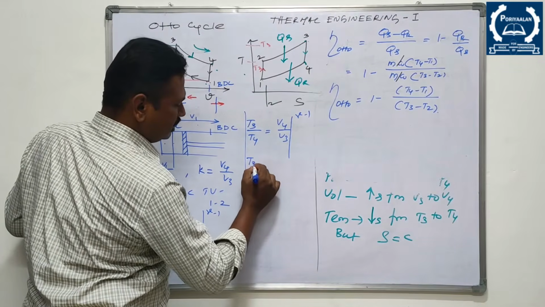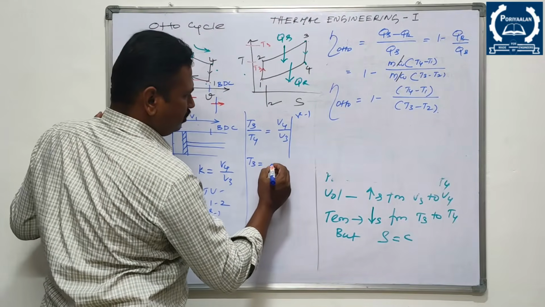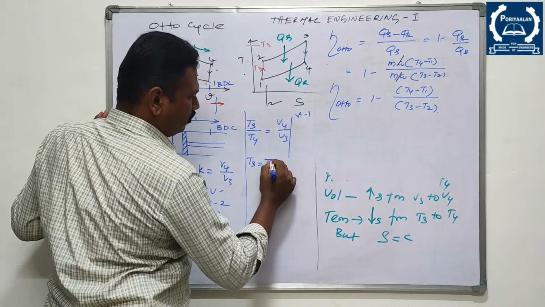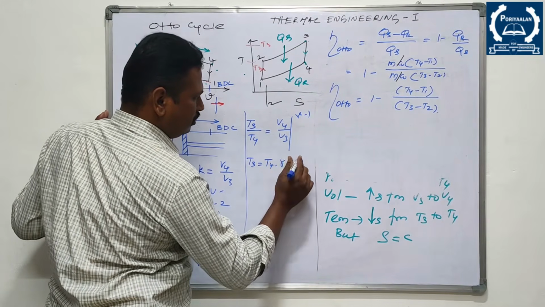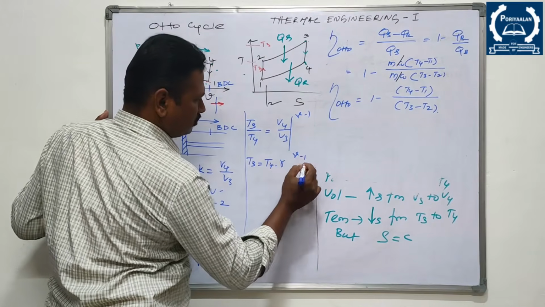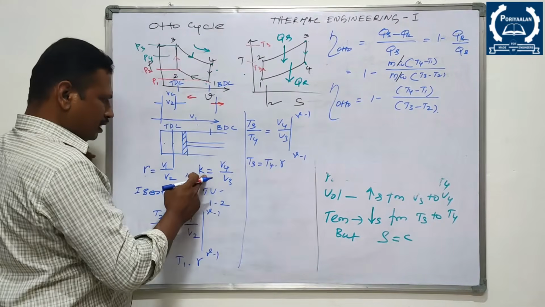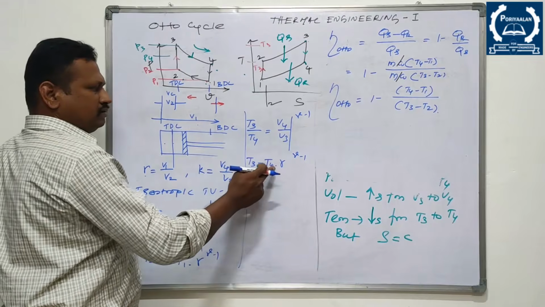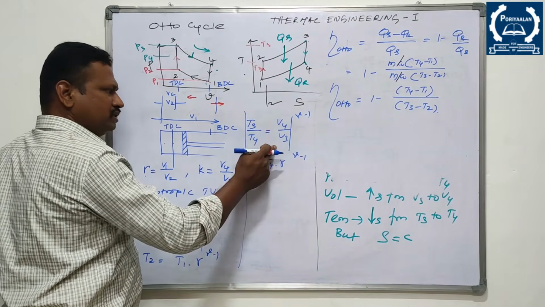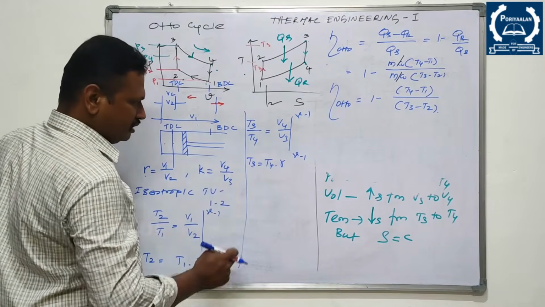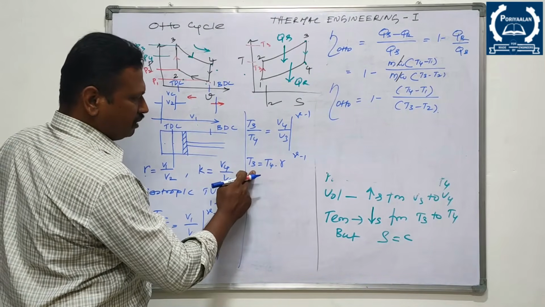Then T3 is equal to T4 multiplied by R to the power gamma minus 1. Actually K and R are both equal. That's why I have introduced compression ratio at this place, because V1 by V2 is the same as V4 by V3. So finally T3 will become like this.